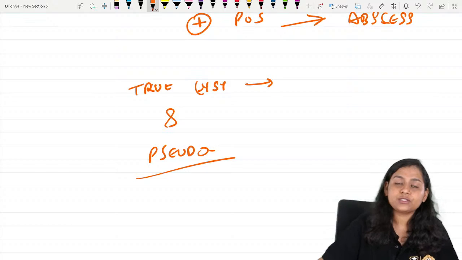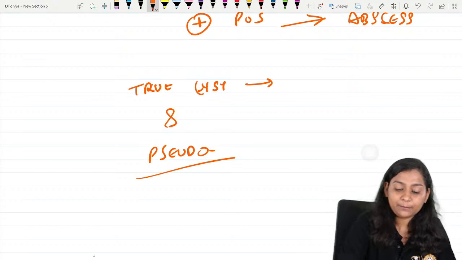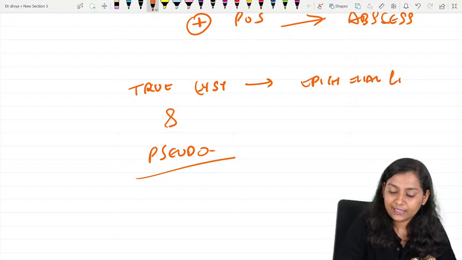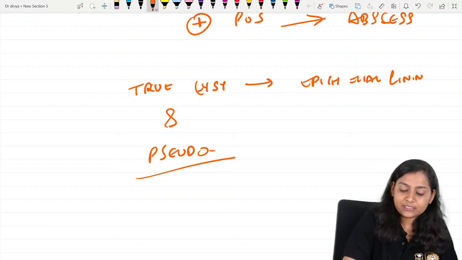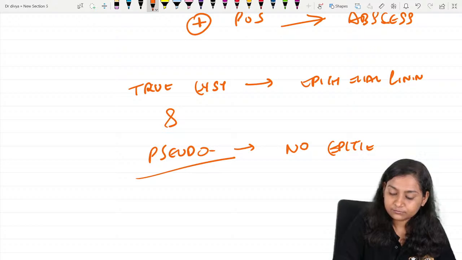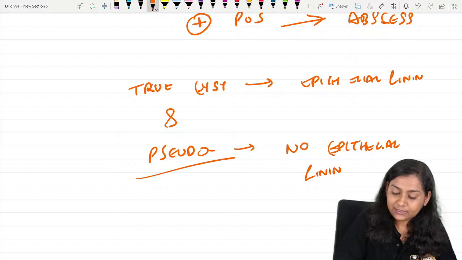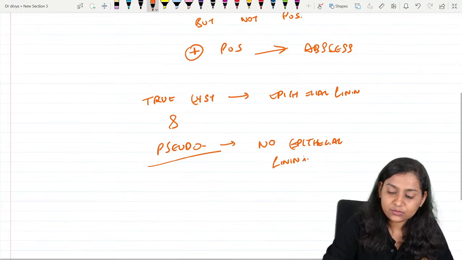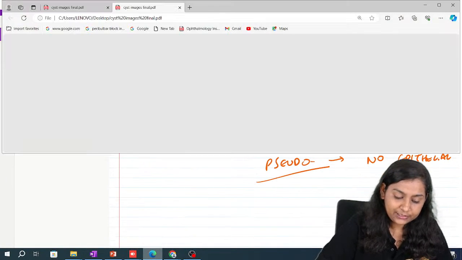Here in the true cyst, there is a presence of epithelial lining, while in pseudocyst, there is no epithelial lining. So let's just understand this with a diagram. It will be much more clear.